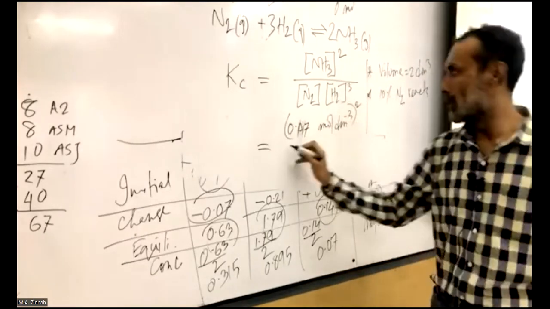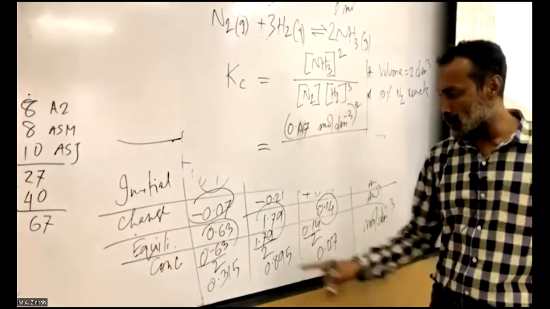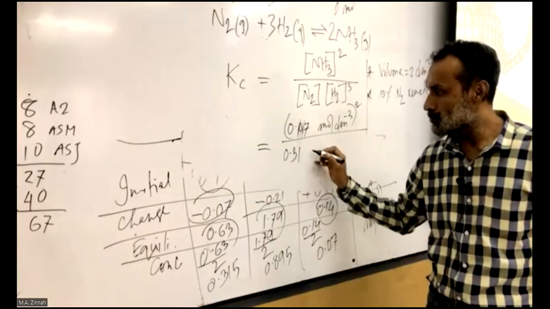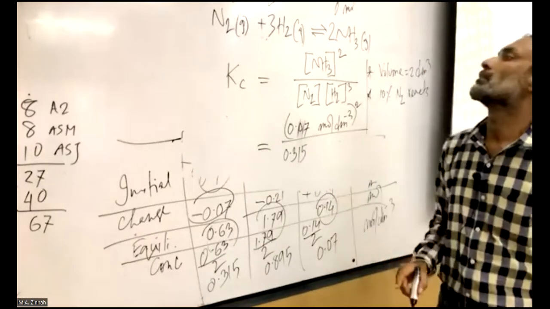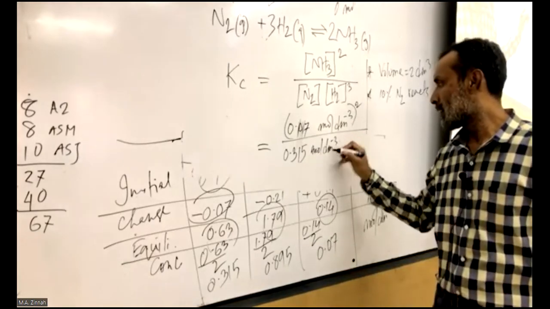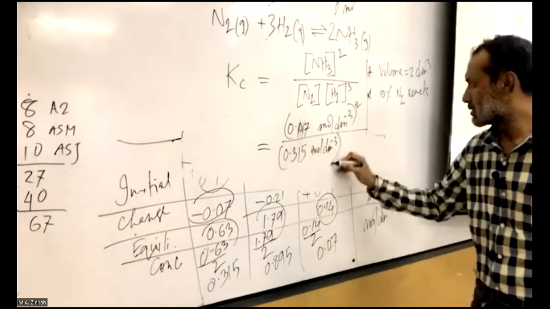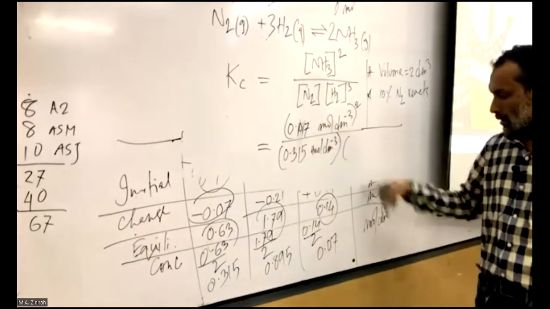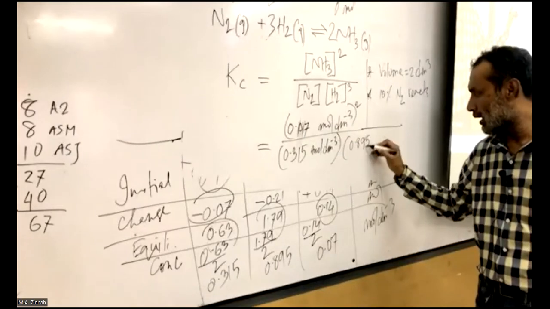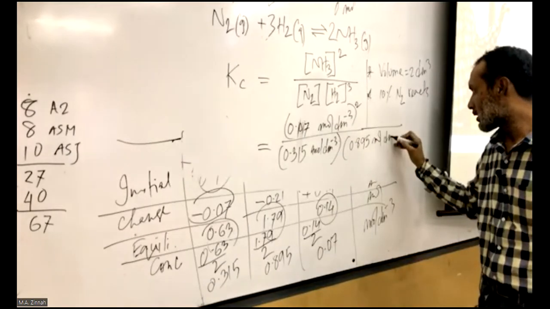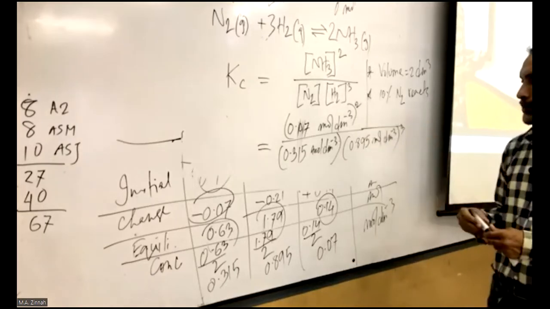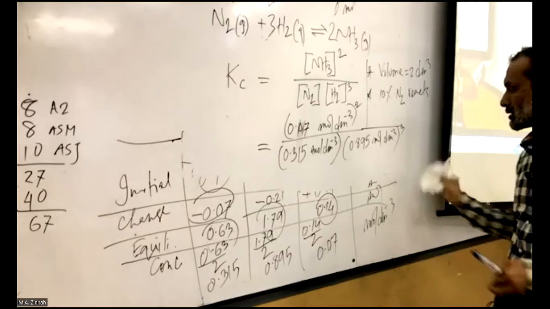Okay, this is a square here. And the concentration of nitrogen is 0.315, again mole per dm cube, no square here. And another is 0.895, also mole per dm cube, and this is with a cube, right? So now you simplify to get the answer.